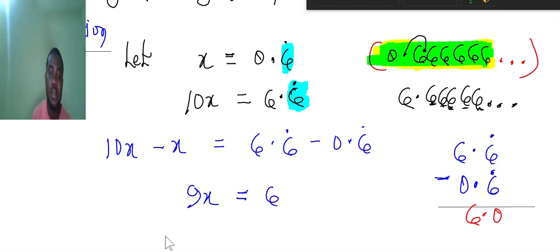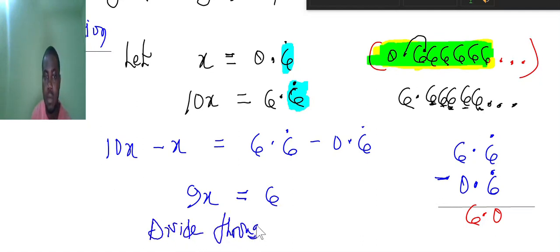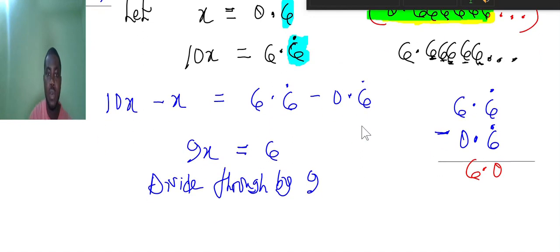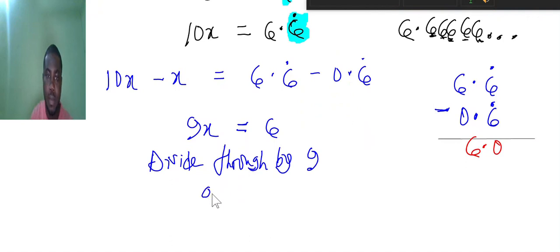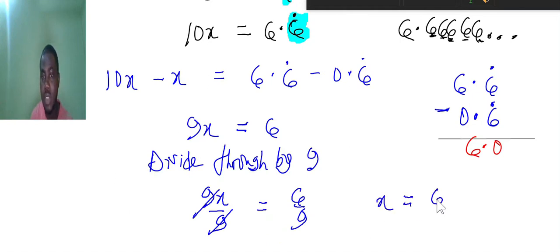Let's divide through by 9. On dividing through by 9, we have x equals 9x over 9 equals 6 over 9. 9 cancels 9, x equals 6 over 9.